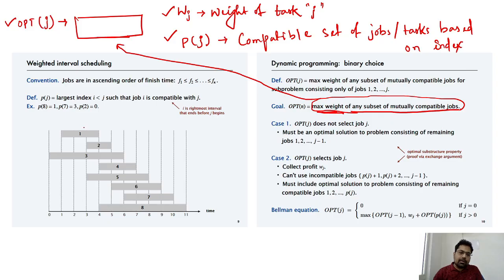Okay, so we'll take this example here and we will be solving it, like what exactly we are getting. First of all, we will be discussing how we will be finding P of J or Pj. Okay, Wj, let us take this example. These are the weights assigned and these are the tasks from initial order, from the starting to the eighth one. Like there are 8 tasks, and this is just an example for us.